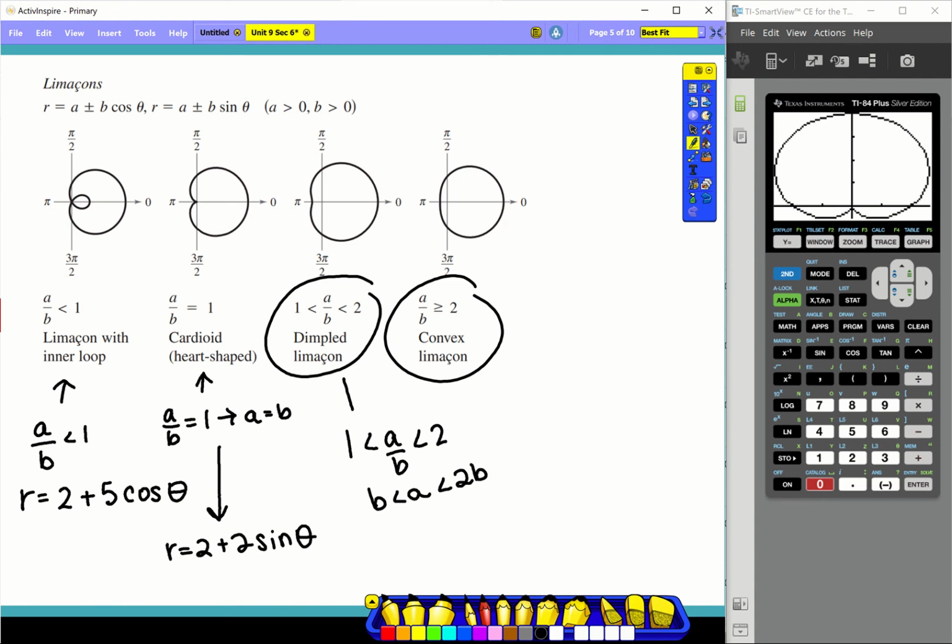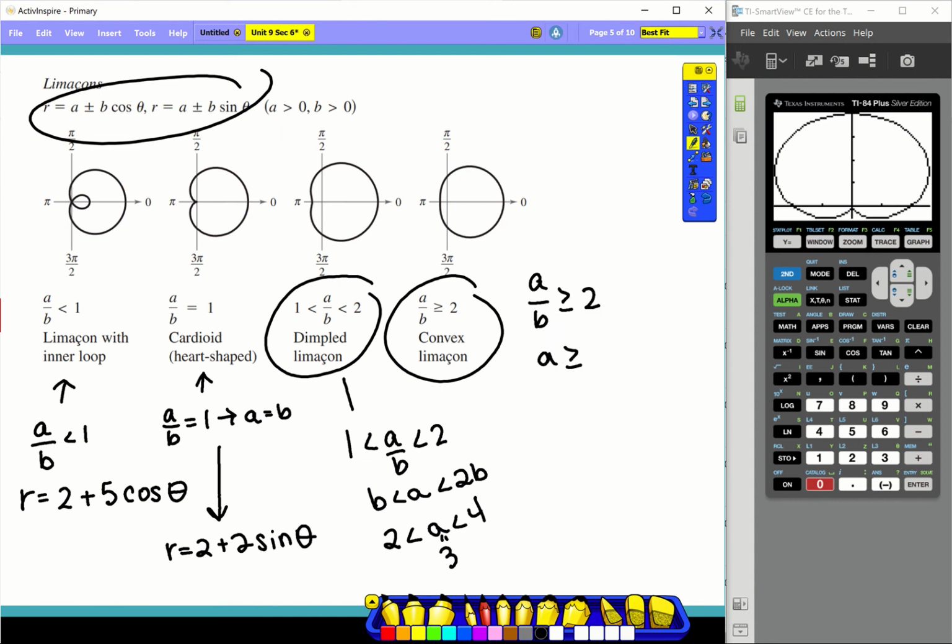So if our B is 2, A has got to be between 2 and 4, so we can make it 3. That's how that works. If you wanted to build an equation, you can use any one of these. Now, if you wanted something that would satisfy this, A would have to be greater than or equal to 2B. So if our B is 3, then A has got to be greater than or equal to 6. And you can build an equation like that.